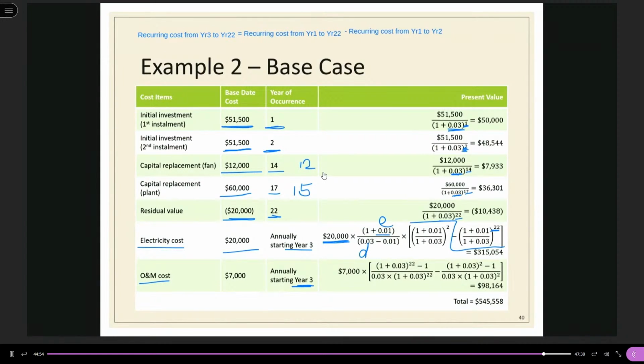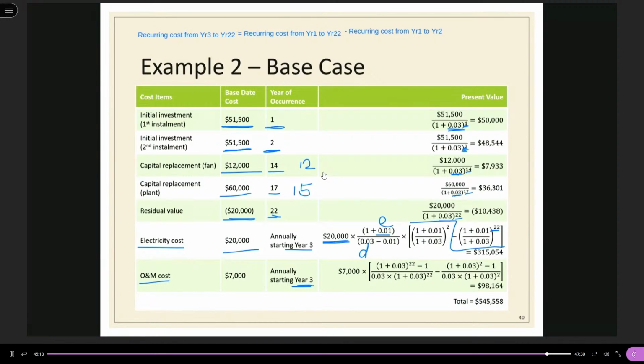Right? The recurring costs that we need to pay annually from year 3 to year 22 will equal the recurring cost that we need to pay from year 1 to year 22 minus the recurring cost from year 1 to year 2.